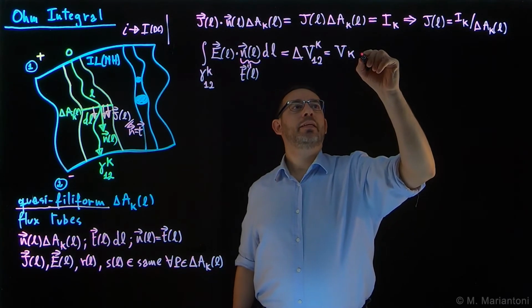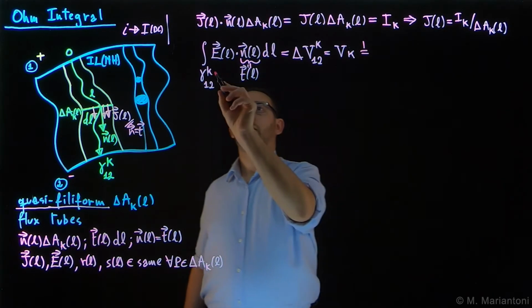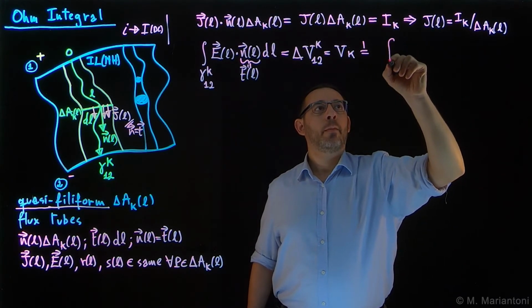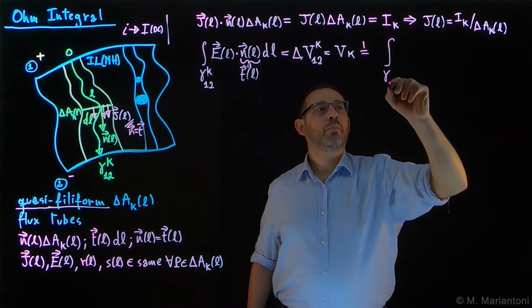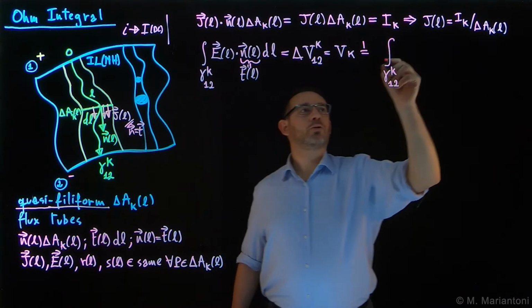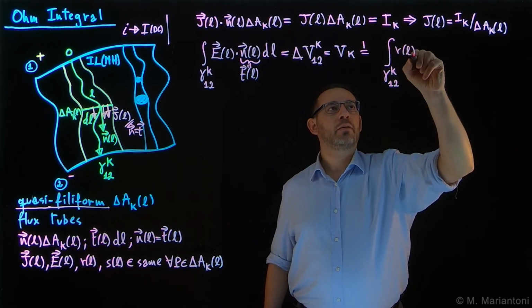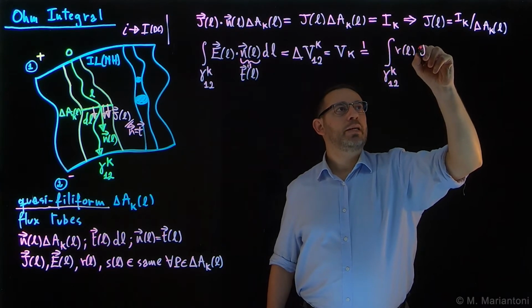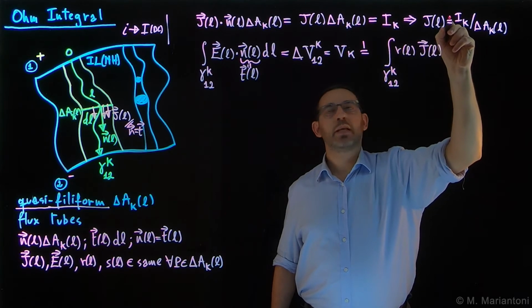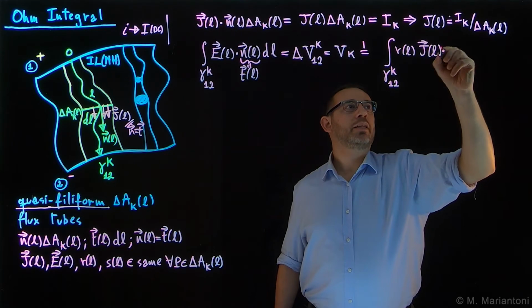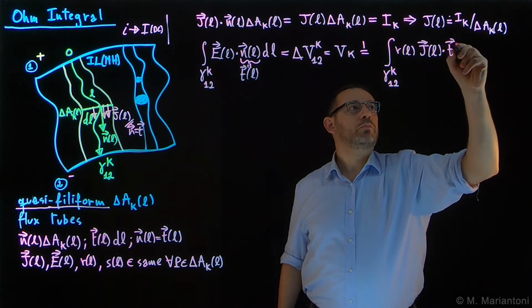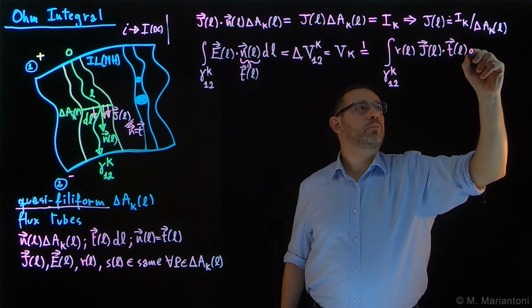From Ohm's law, it's equal to the integral on gamma from 1 to 2, so I'm using Ohm's law, where E is equal to R, which is a function of L, the resistivity, local form, times J, which is a function of L, and we know it from this relationship here, dotted with, we can say either T or N. Now, since I'm using J, let's use T.